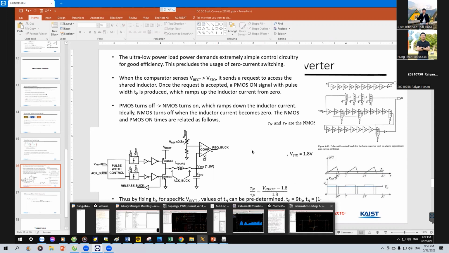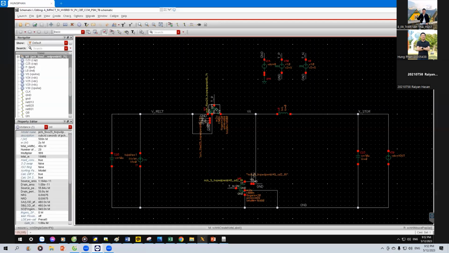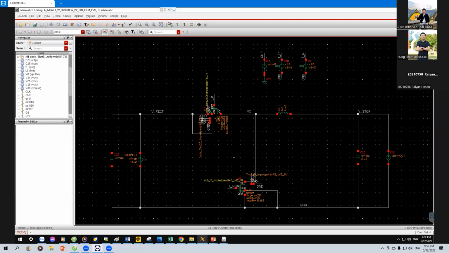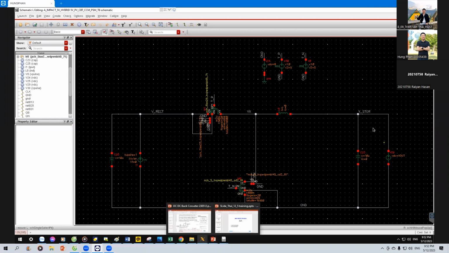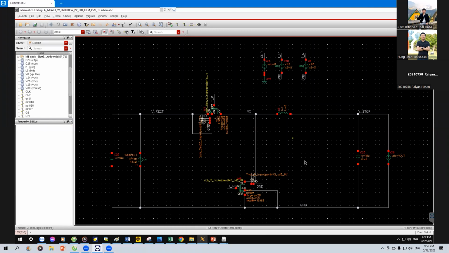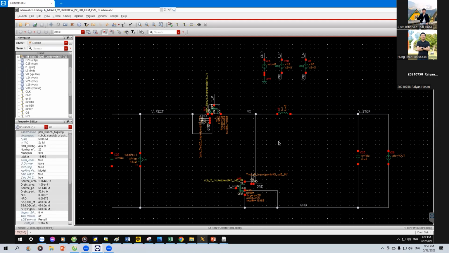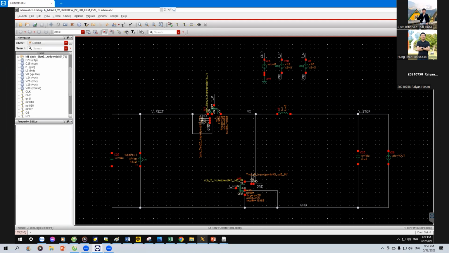In my test plan, I will make only one case, for example 2.2 to 1.8, but you guys should simulate all cases, right? You should change my shell and you should see how much the efficiency will change, right? Yes. Okay, that is next week's task and I'll type the detail later.